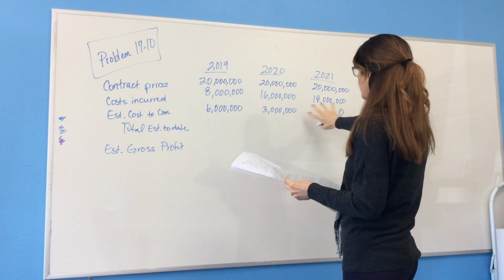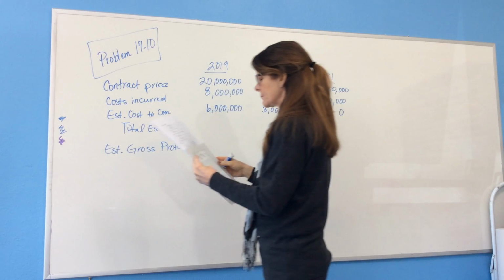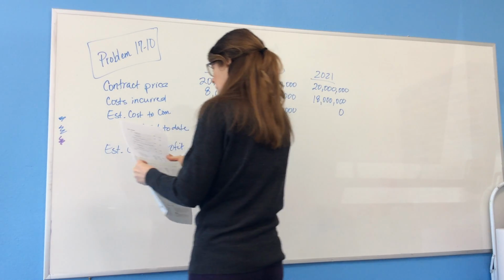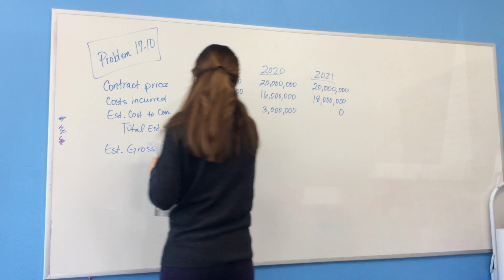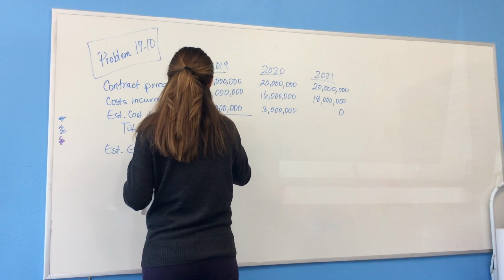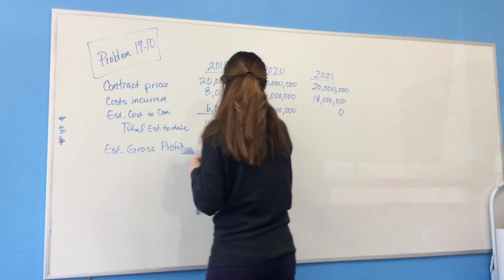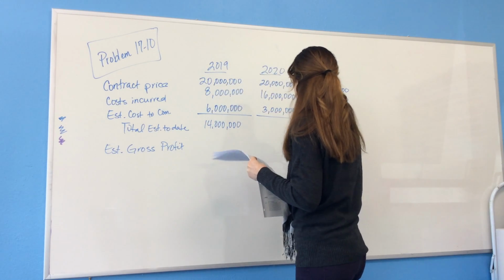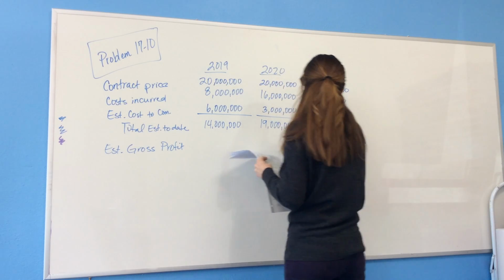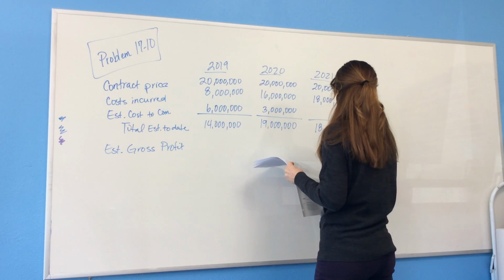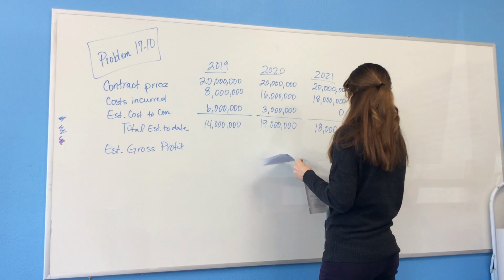So at the end of the year, they're done, so there's no cost to complete. Therefore, the total estimated costs to date are just going to be these last two. So this will be $14 million for 2019, $19 million here in 2020, and then back to $18 million here in 2021.